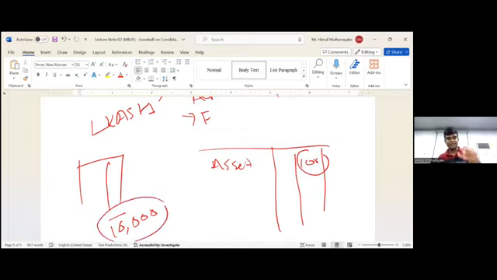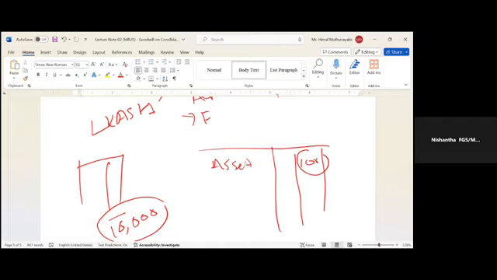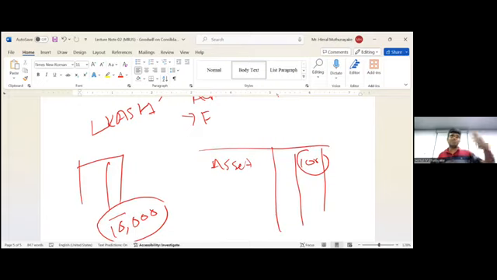If I'm a decision maker looking at these values, I will see this company is actually performing well because they are using only 100 worth of assets and generating 10,000 worth of profit. That is a misrepresentation of your financials.